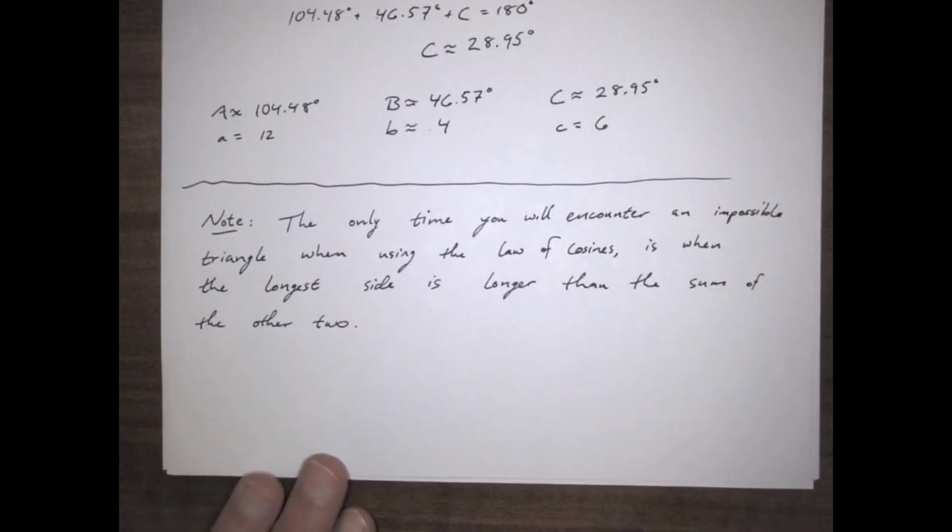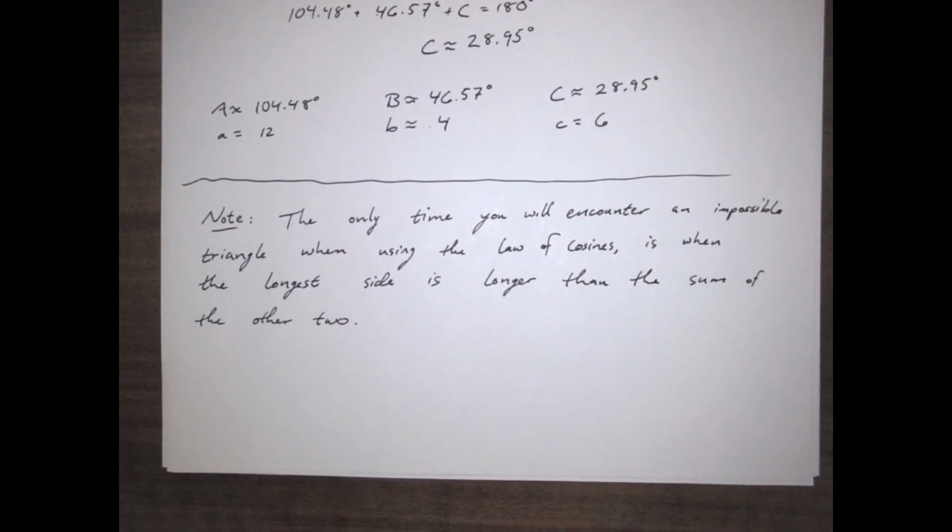The only time you encounter an impossible triangle when using the law of cosines is when the longest side is longer than the sum of the other two.